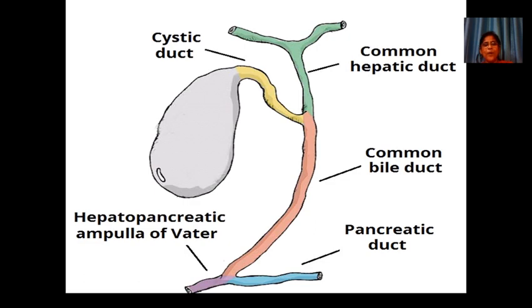Okay, this common bile duct passes downwards and at the duodenum it unites with the pancreatic duct from the pancreas and forms the hepatopancreatic duct or hepatopancreatic ampulla of Vater, and it is opening into the duodenum. Okay, and it is guarded by a sphincter known as the sphincter of Oddi.